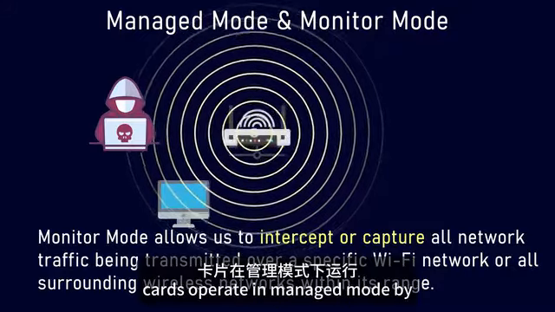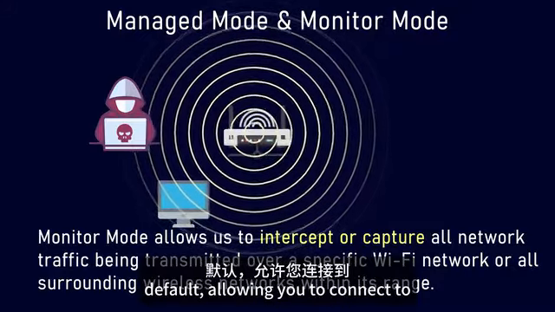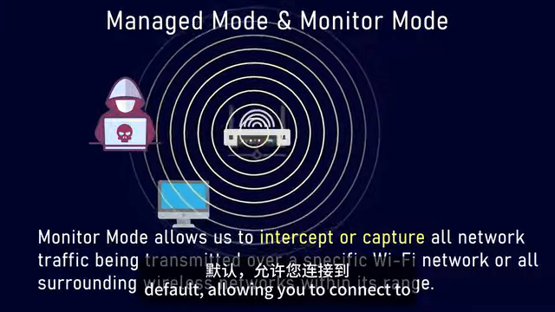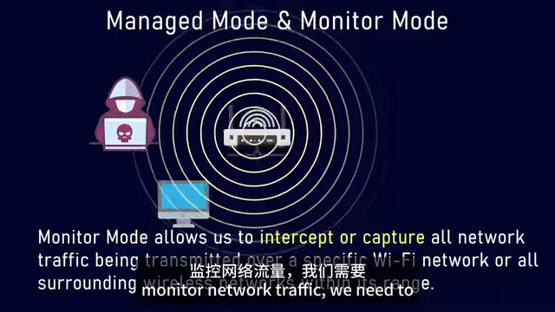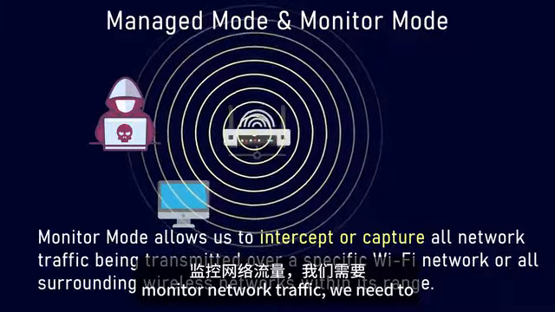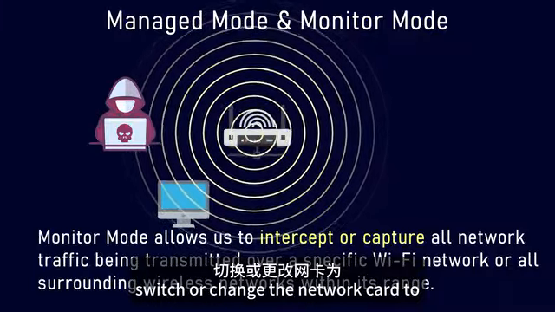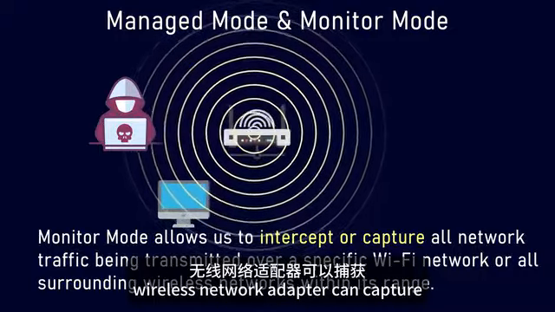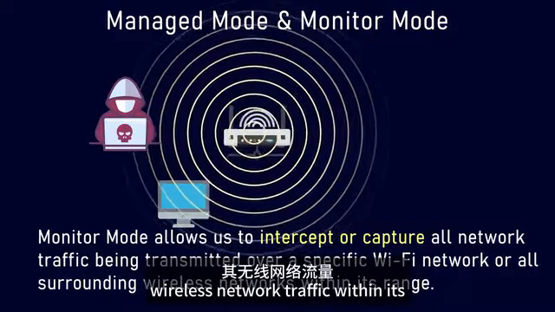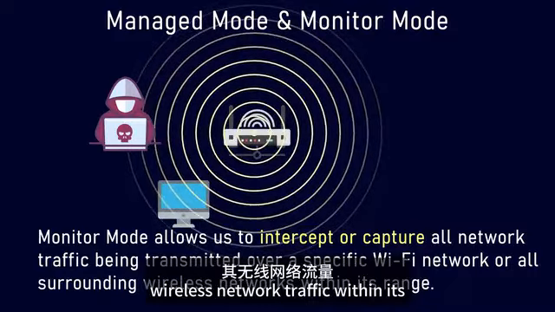Wireless cards operate in managed mode by default, allowing you to connect to Wi-Fi networks. However, to capture or monitor network traffic, we need to switch the network card to monitor mode. In monitor mode, a wireless network adapter can capture wireless network traffic within its range.